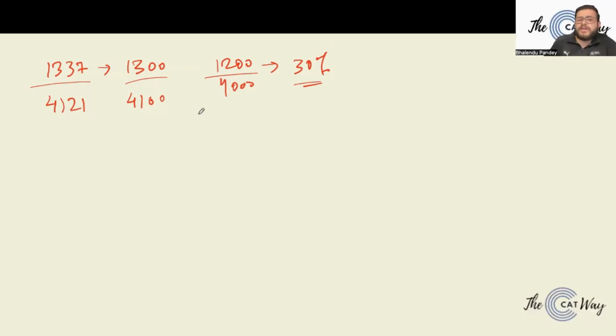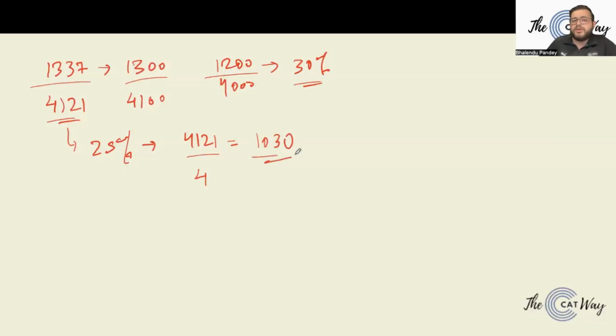Right? So let's calculate 25% for 4121. How do you calculate 25%? For calculating 25%, simply 4121 divided by 4. Right? What do you get? 1030, right? But your number is 1337, right?